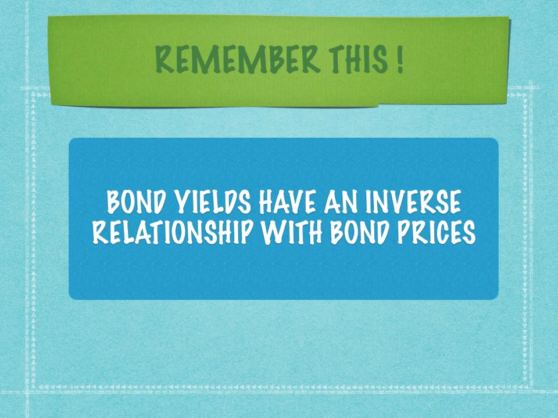A high yielding bond is not necessarily a good investment because the bond yield is high because the price is low. Why is the price low? Multiple factors can cause the price to be low. So, this is the number one rule of bond investing, that is, bond prices and bond yields are inversely related to each other.